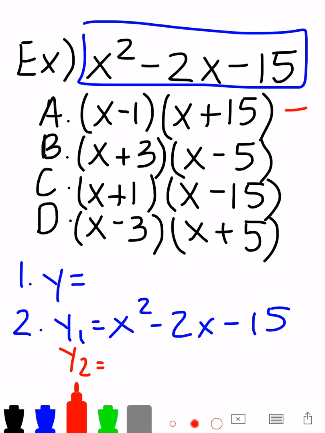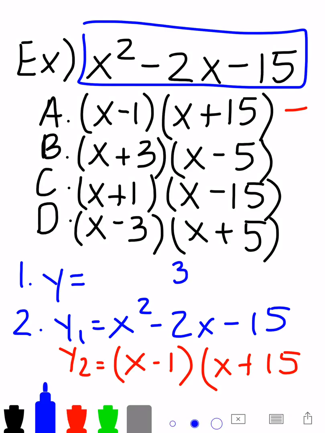Let's just start with A. So you would type in parentheses x minus 1 times x plus 15. And from there, you're going to check the table. I'm going to write step 3 right here because I'm running out of space. You're going to hit second and graph to check the table.